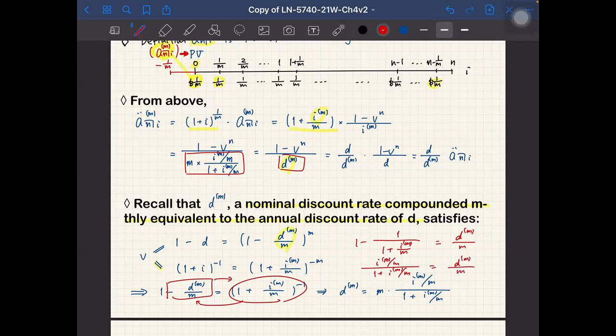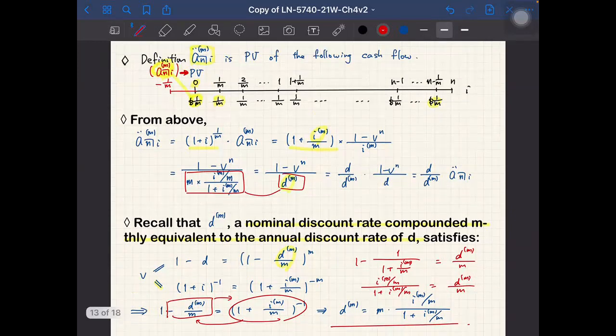We multiply m on both sides, then we can deduce this one. So now that we completed the proof, we can say that a double dot angle n superscript m is equal to this quantity.